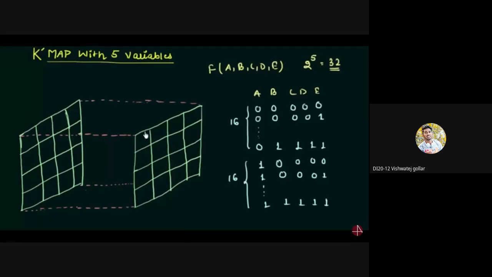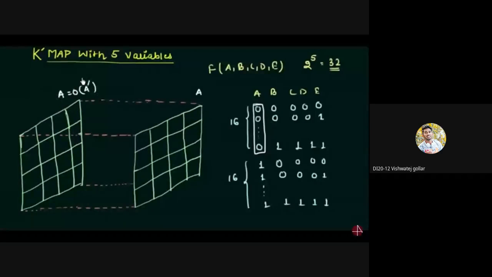So it's not now a planar, 2-dimensional map, but it is a 3-dimensional map. So let's see how we can solve this 3-dimensional map. Let's say this map is for A equal to 0, which means A complement, and this one is for A, because for the first 16 combinations A is 0.